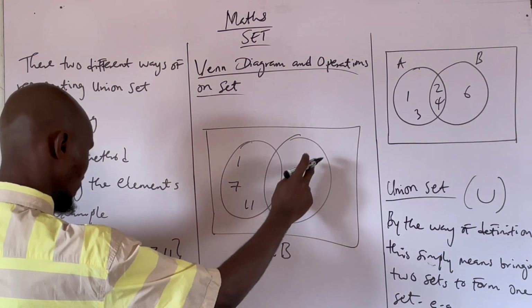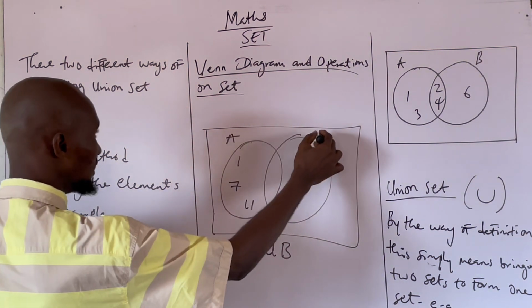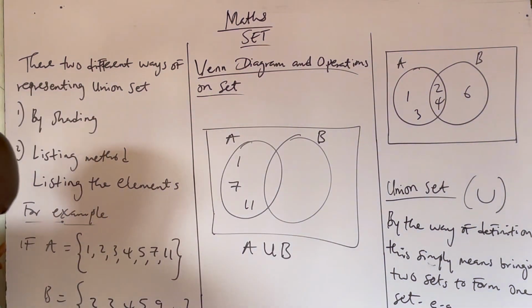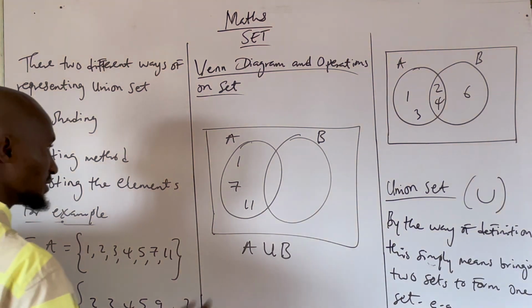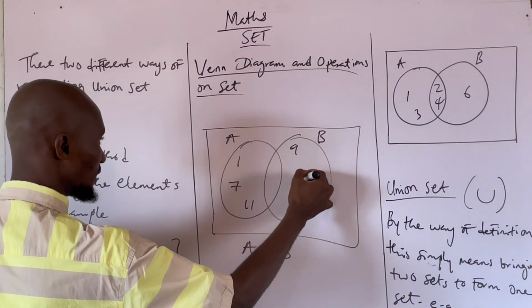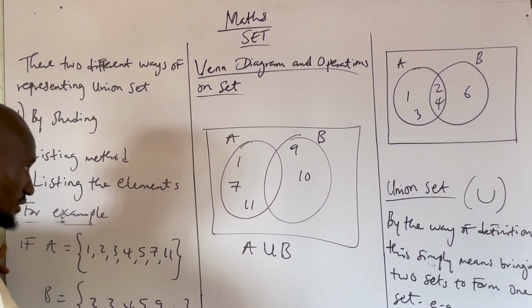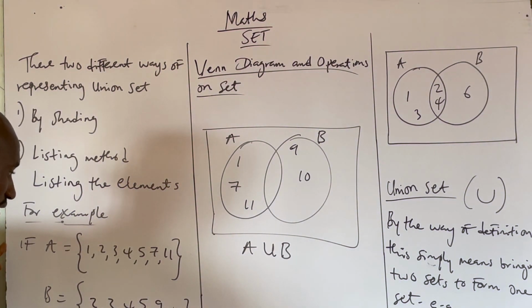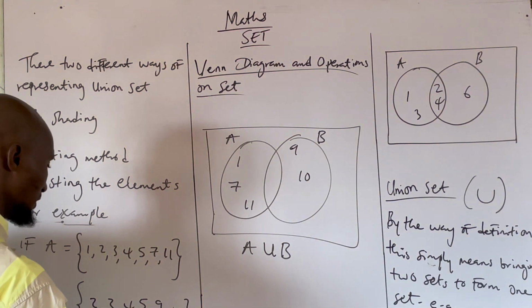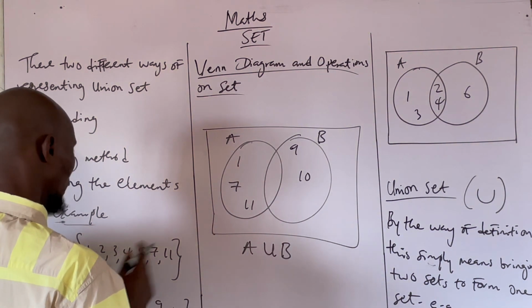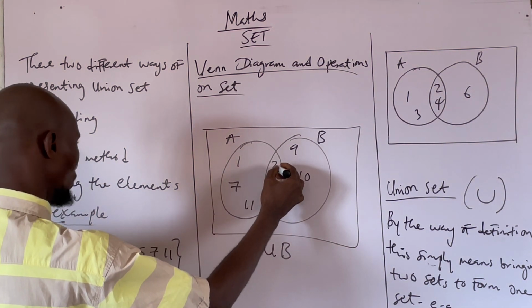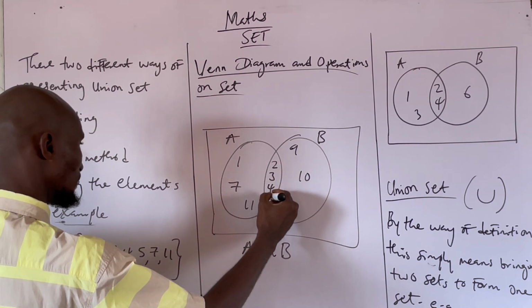Here is A, here is B. For B, here will be 9, 10, right? 9, 10. So you have 2, 3, 4, 5.